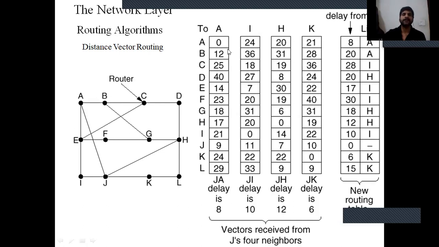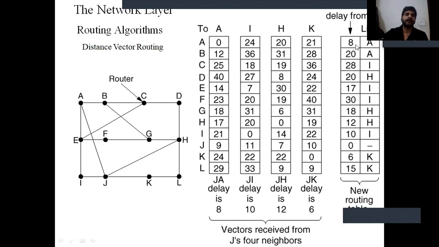Correspondingly, the delay from J to A is 8, to I is 10, to H is 12, and to K is 6. So these are the vectors J received from its neighbors, and we calculate the new routing table of J like that.